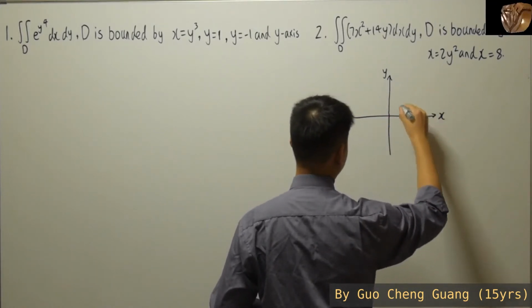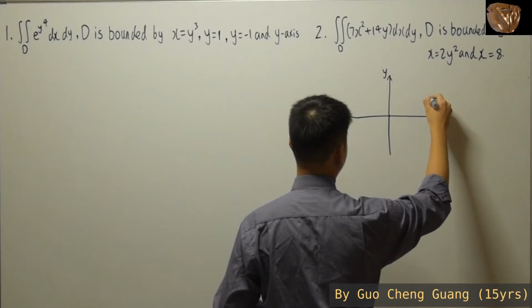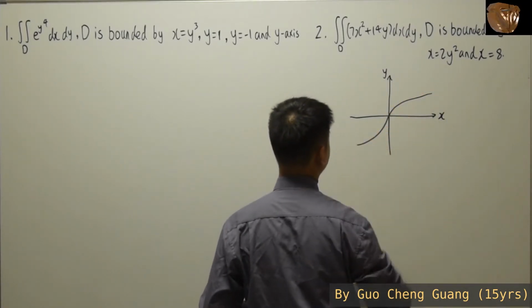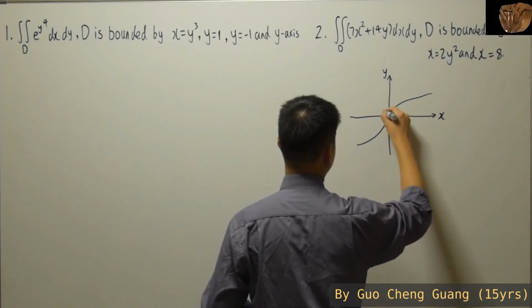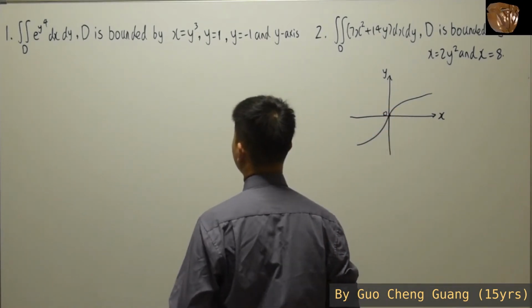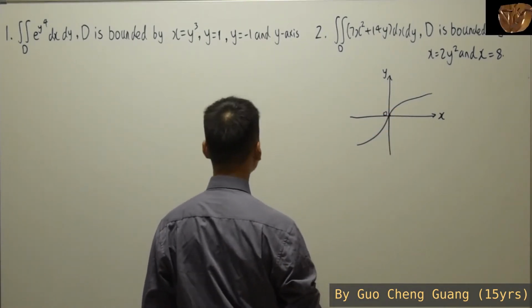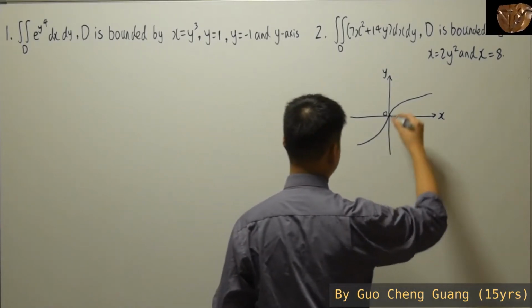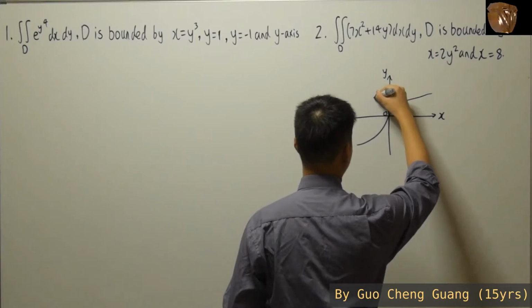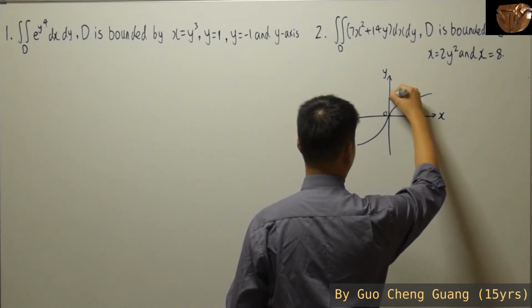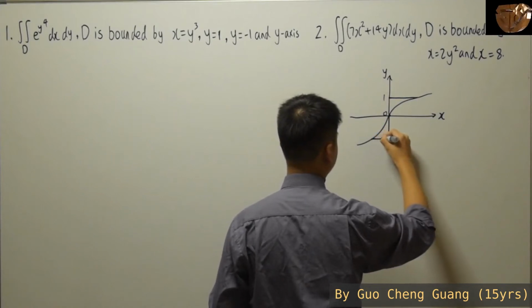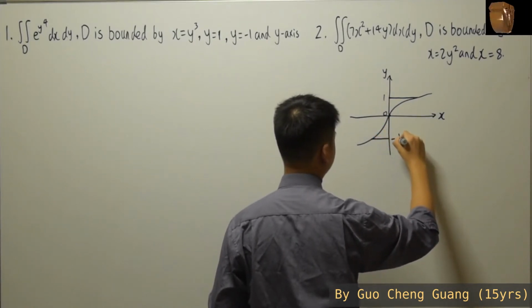So what you originally have as this, you now have this part over here. Right, so this is our x is equal to y cubed graph. Now we need the lines y is equal to 1 and y is equal to -1.